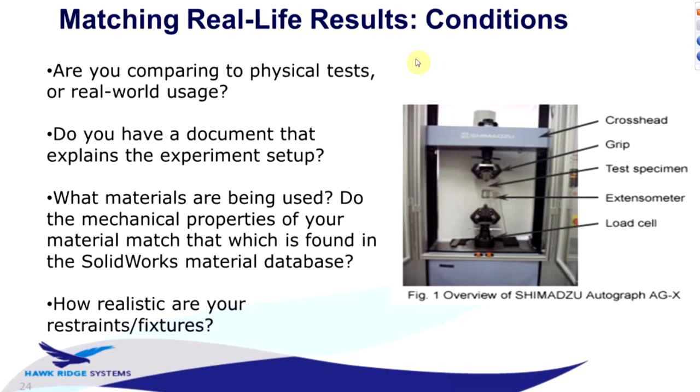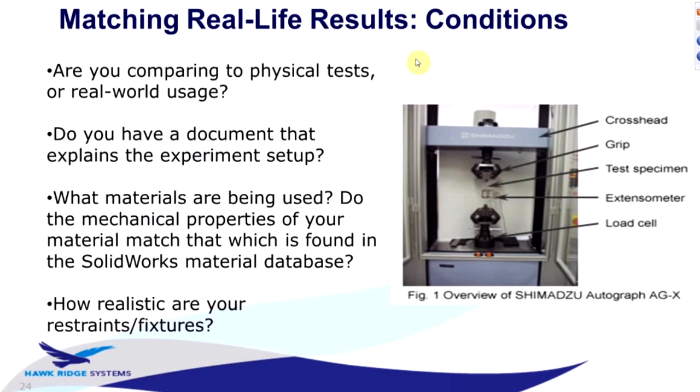Probably not. So you should ask yourself what thing you're trying to simulate, or what are you trying to match in the conditions that you're putting in to your simulation. It's always helpful if you have some explanation of the experiment setup, if that's what you're trying to compare to, so that you know that the proper materials have been defined in SOLIDWORKS.